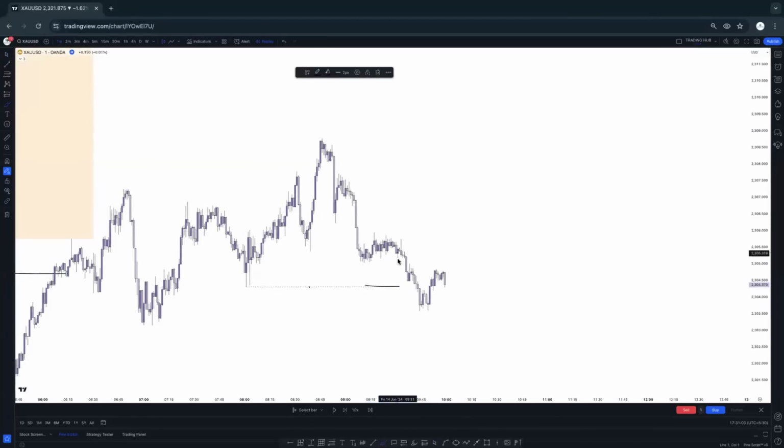Inducement, and this is another pullback here, a small pullback here, and a small pullback here, and if it creates any bullish structure, then we can think about a buy here. Okay. So let's see what happened next after this one and how things actually work at this point. Then we can decide where the market is going right here.